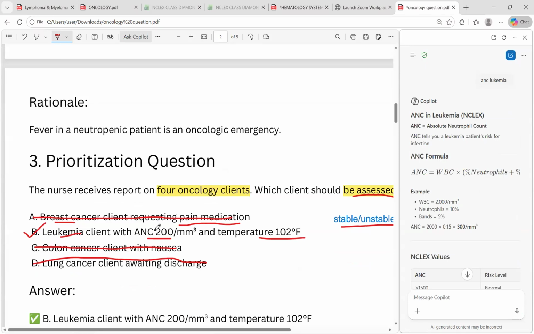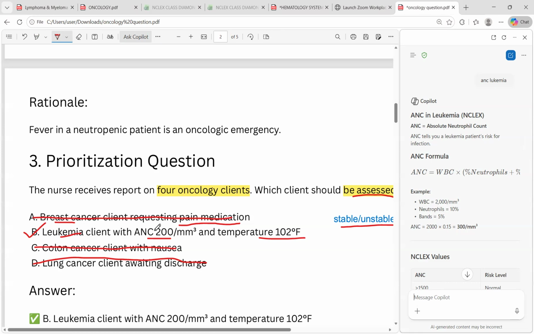If the neutrophil count is less than 500, the client is in a neutropenic stage. In addition, the client has fever, temperature 102 degrees Fahrenheit. This ANC will tell how much the client's risk for infection is. Understood? Not only neutrophils, WBC also. WBC and neutrophils are both indicating factors for infection.